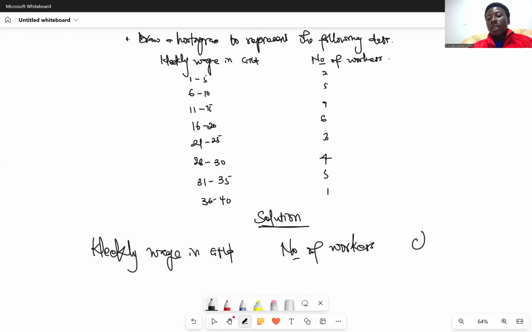All right, so then you create a section for class boundaries. Here we have 1 to 5.